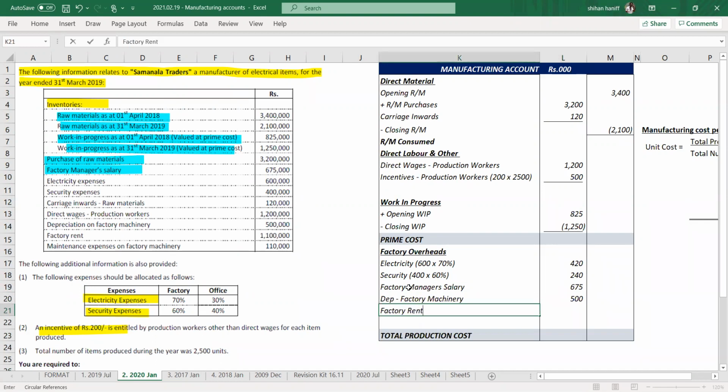Rent, factory rent 1,100. Maintenance, factory machinery. It's a factory overhead cost 120.